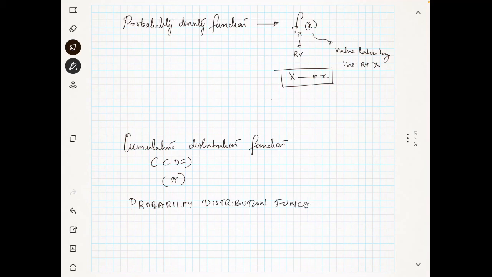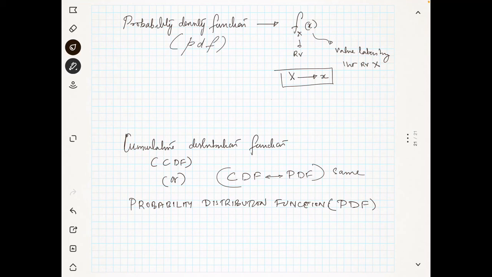We will use capital letters PDF for this. So the CDF and the capital PDF are both the same, but the probability density function is usually denoted by small letter pdf. This is the probability density function.